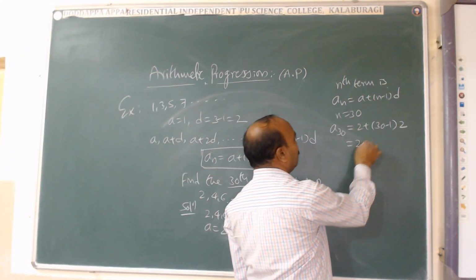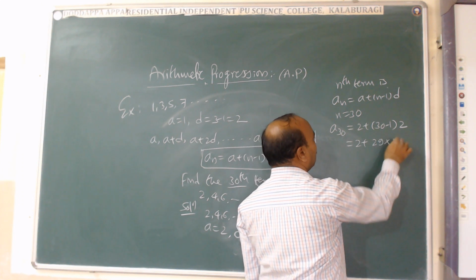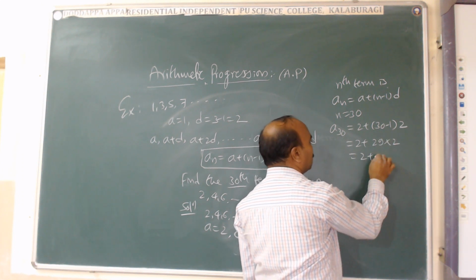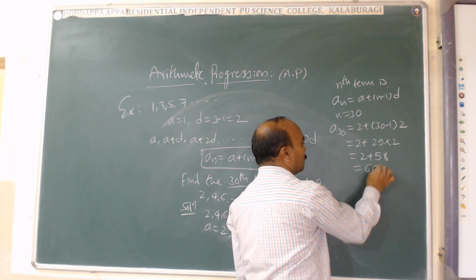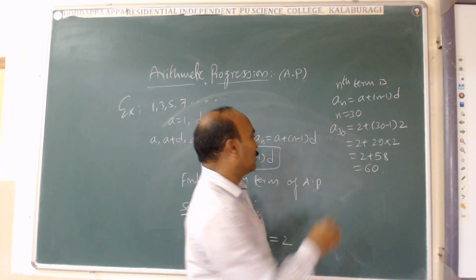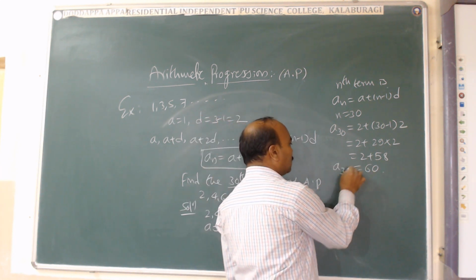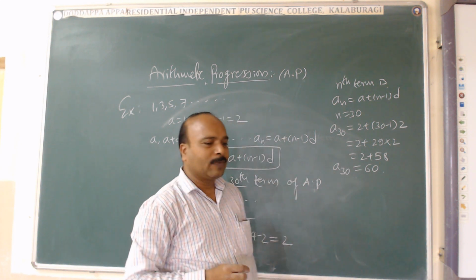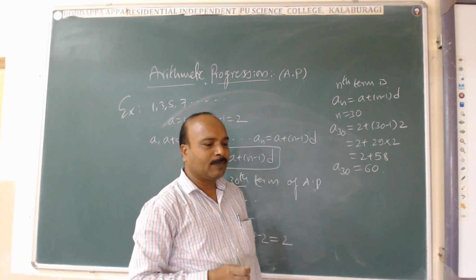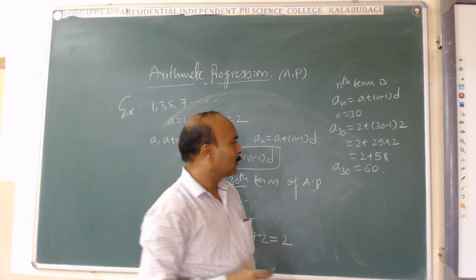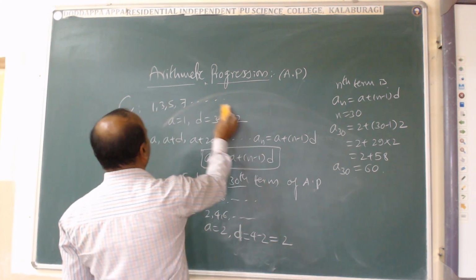Now it is 2 plus 29 into 2, it is 2 plus 58, which is equal to 60. Therefore, the 30th term of this sequence is 60. Like that you find the last term or nth term of a given AP. Next we consider another example.